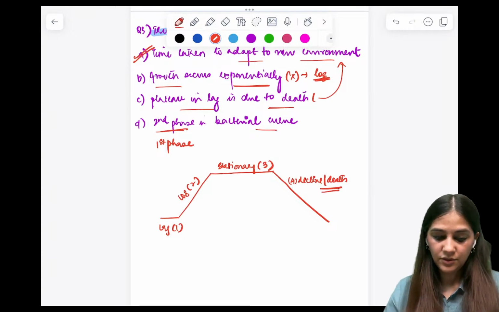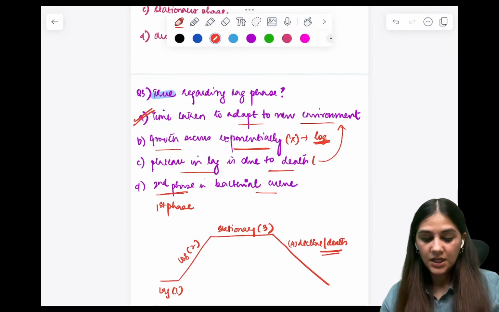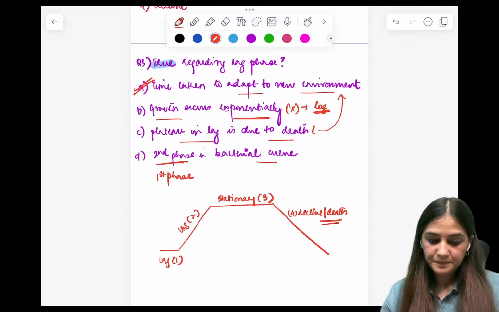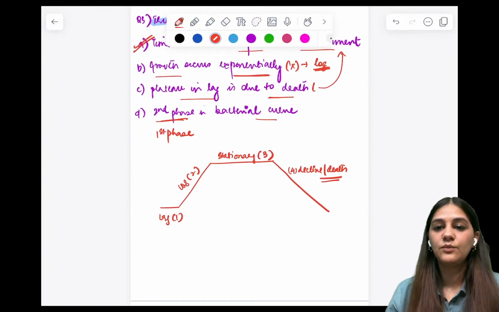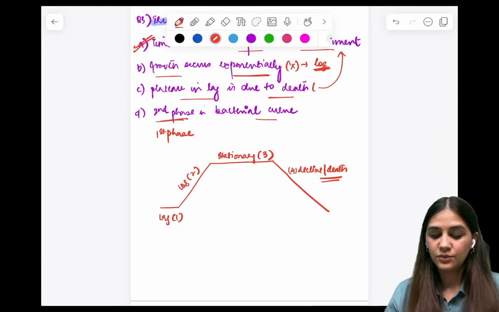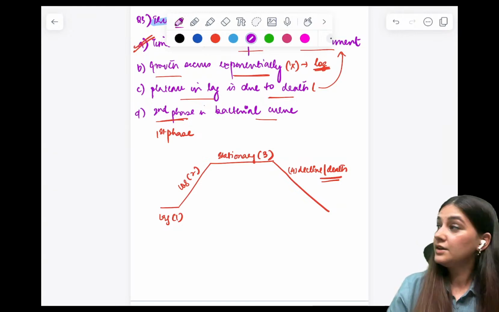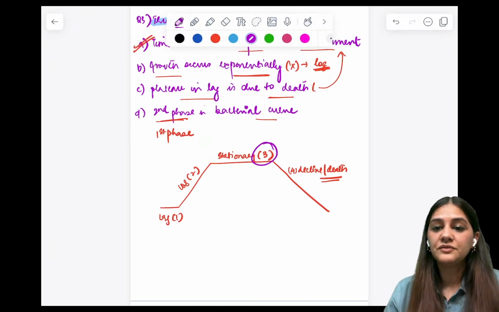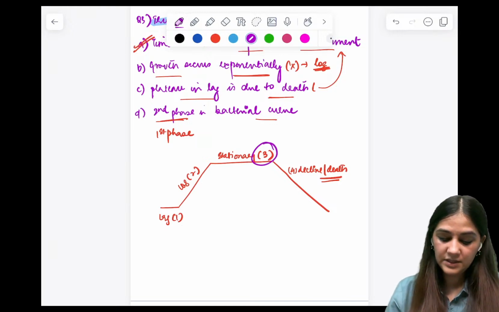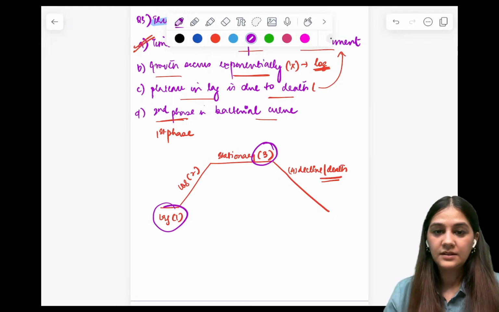Yes, Pallavi, very good. The answer is A for question 3. So these are the four phases. They can even ask you questions like which is the third phase in the bacterial growth curve, right? So which will be the third phase? It is going to be the stationary phase, right? Or what is the first phase in the bacterial growth curve? It is the lag phase, right?